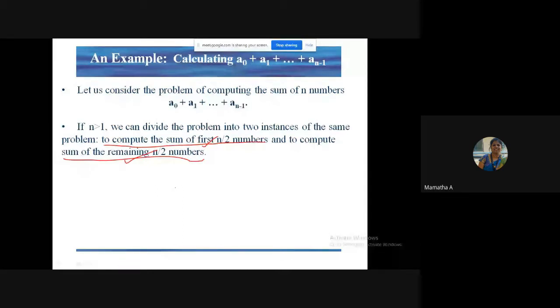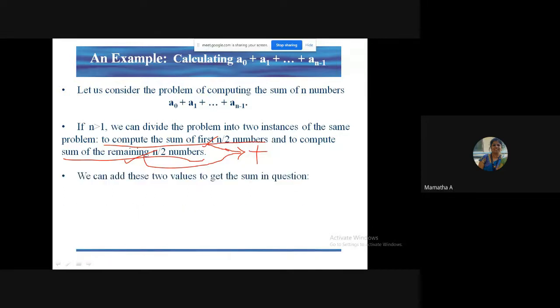Once you find the sum of the first half and the second half, I will combine them using one addition. I take these two and perform one add operation. Yes, hope you are getting it. So we can add these two values to get the sum in question. That's my problem, isn't it? So it is something like this.